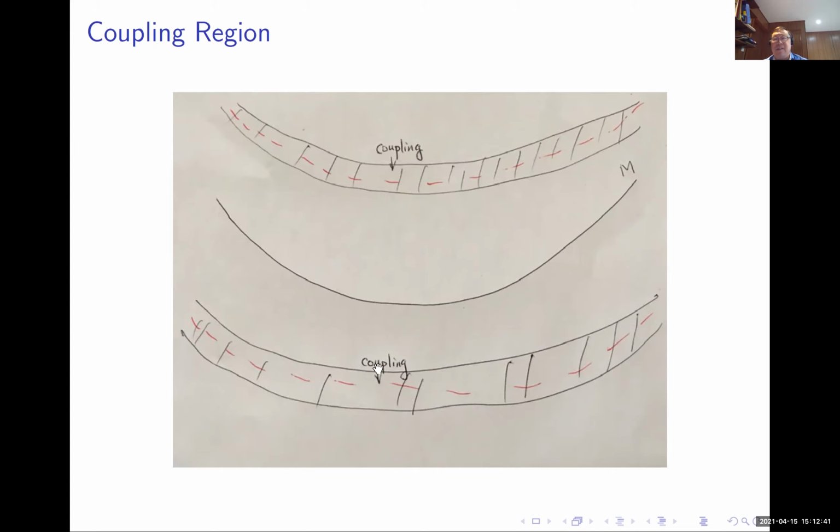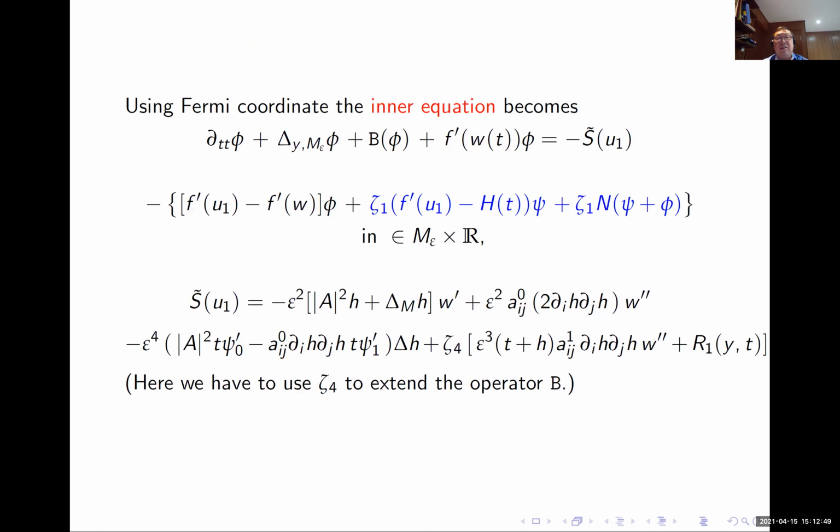If I have a good estimate for the solution near this cutoff region, then I can do the coupling. Now for the inner problem, I can use Fermi coordinates. So I have to adjust the operator B, but basically I can just do the computation for the inner problem using the Fermi coordinates.